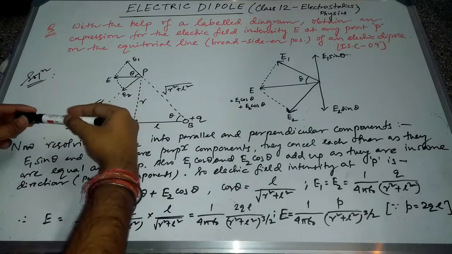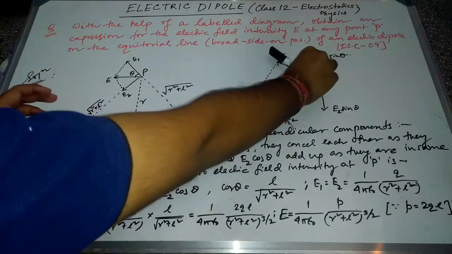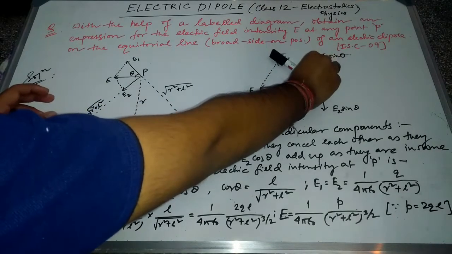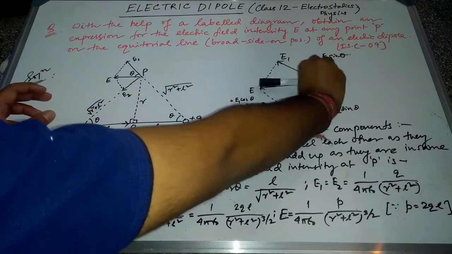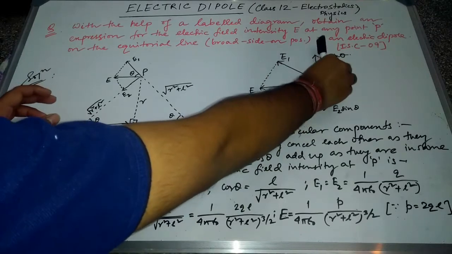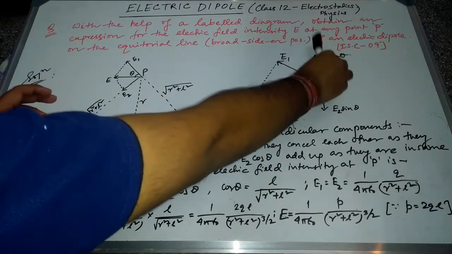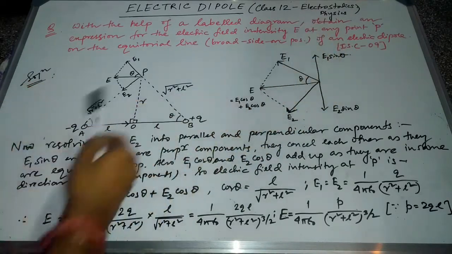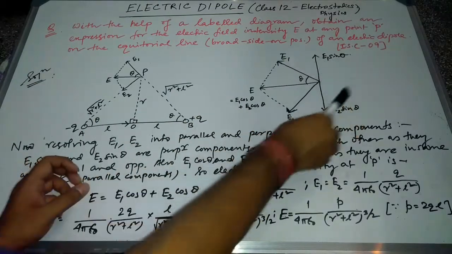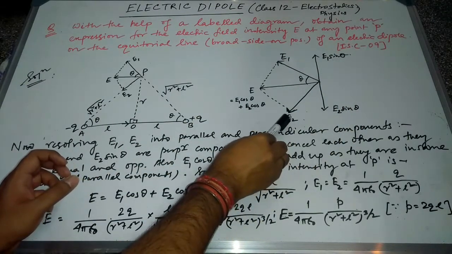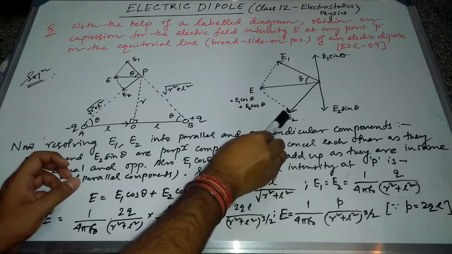So we get E1 cosine theta along E, and E1 sine theta in the vertical, perpendicular direction.